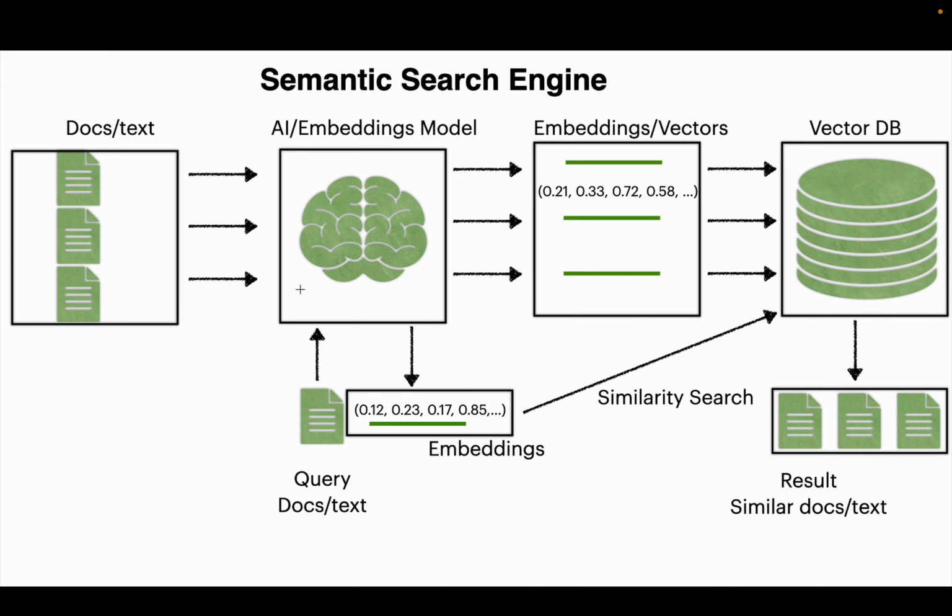So this is the overall architecture. For example, we start with a bunch of documents, and then we have an AI or embeddings model, which converts all these documents into vectors of fixed size. Depending on the model, it might convert a given text or document into a vector of size, let's say 1000.